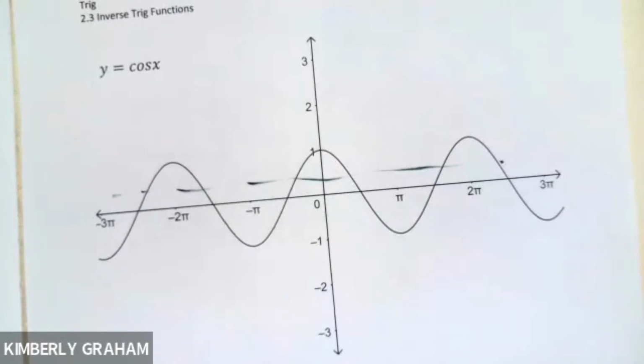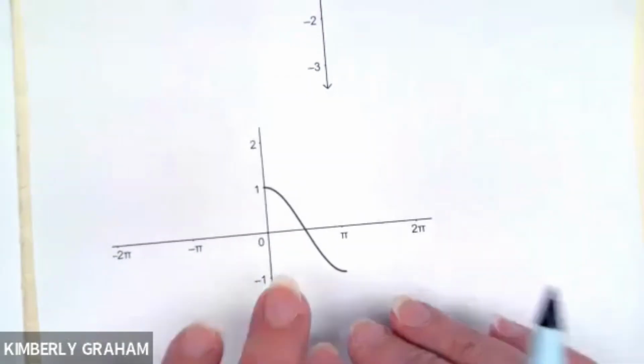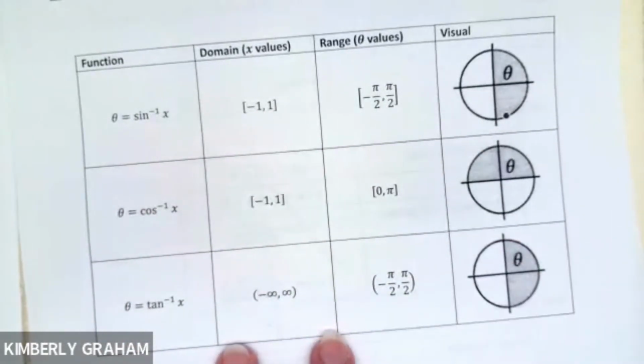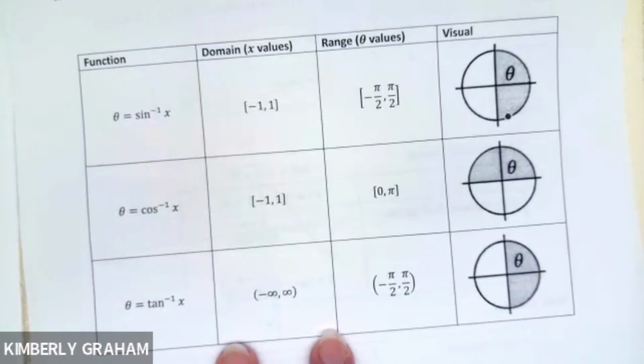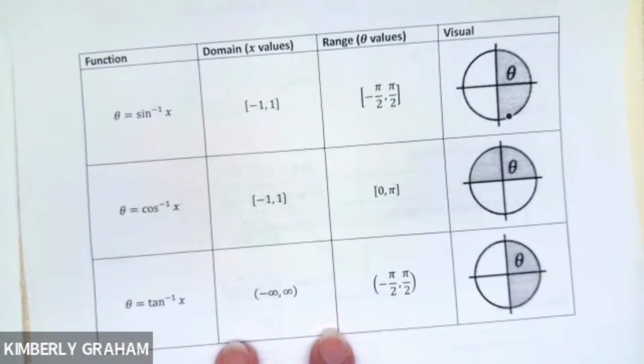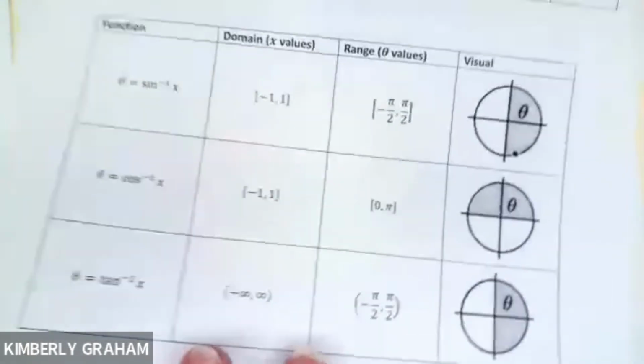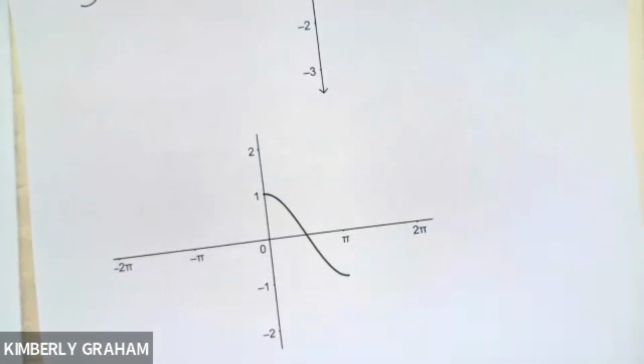But convention has it that this is how we're going to do it. There's not necessarily one right way to restrict it. This is just the conventional way that most people do it, and that's how our textbook does it.